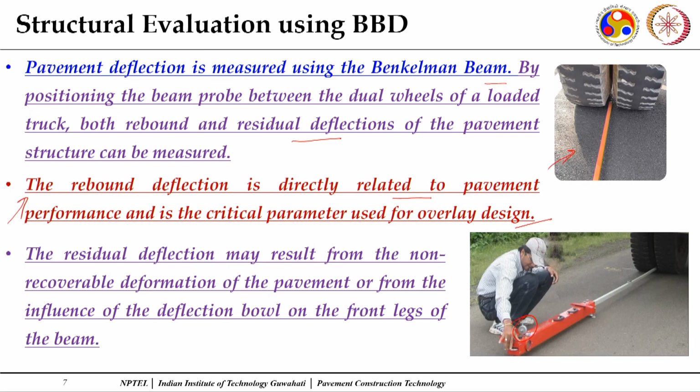The residual deflection can result from the non-recoverable deformation of the pavement and also from the influence of the deflection bowl on the front legs of the beam. This can also lead to some amount of residual deflection, but what we will require here for our overlay thickness design is the rebound deflection.